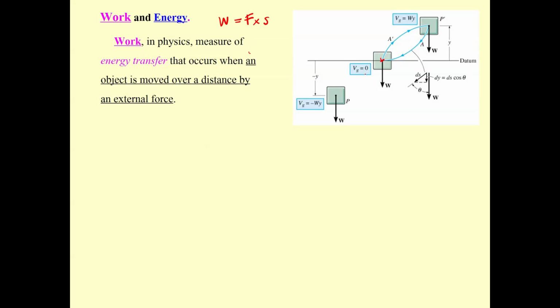You can move anywhere in this direction or any direction, but the work is going to be the weight mg times the distance. So mg points downward, the direction of movement points upward, so the work on this one is going to be negative work.